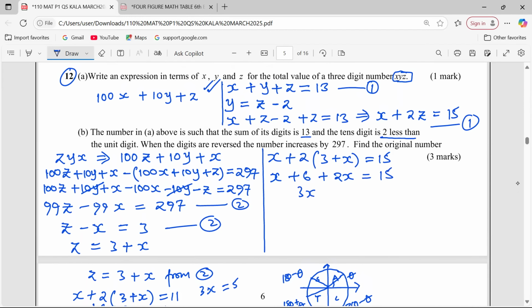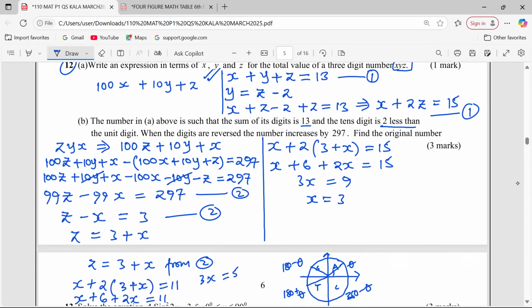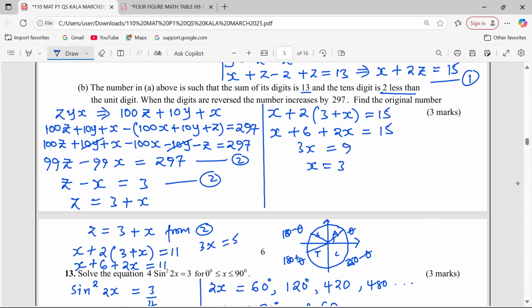This is 3x equals 9, meaning that the value of x is 3.